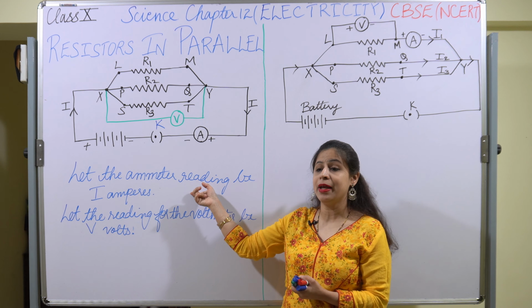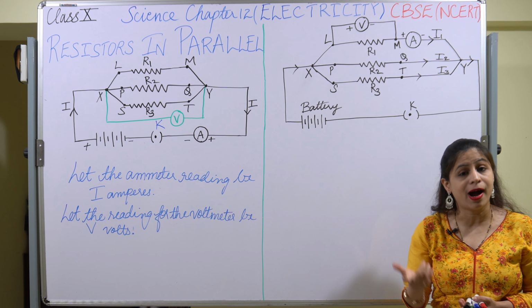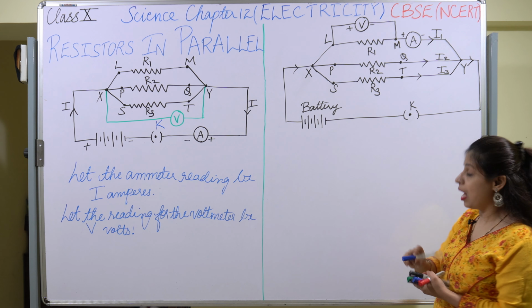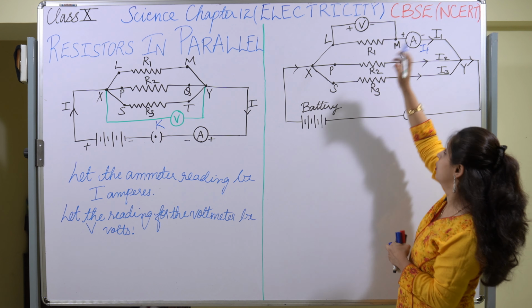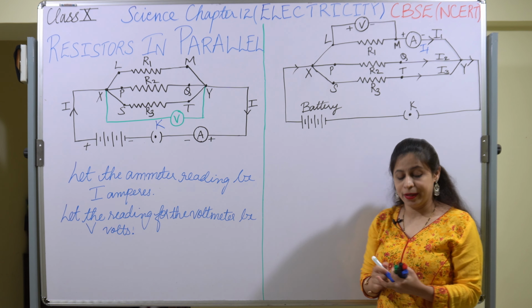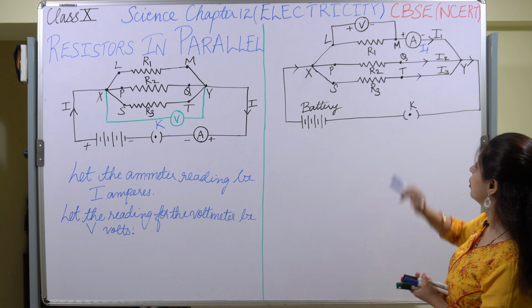Here the current was I amperes, and here the reading has changed and it came out to be I1. Okay. But the voltmeter reading across R1 is V only.